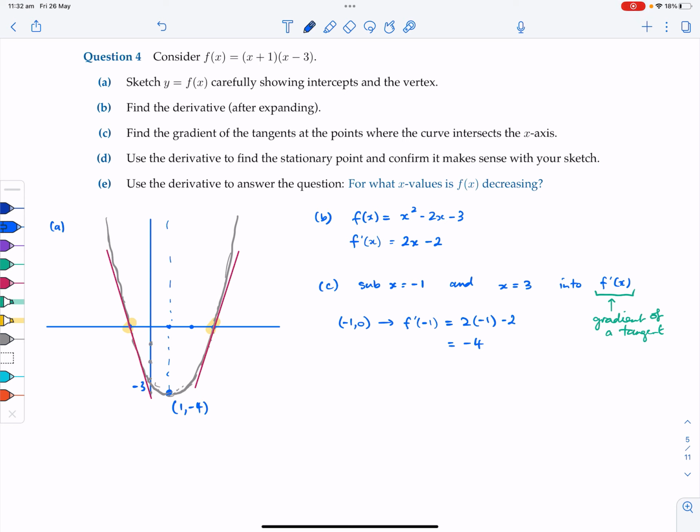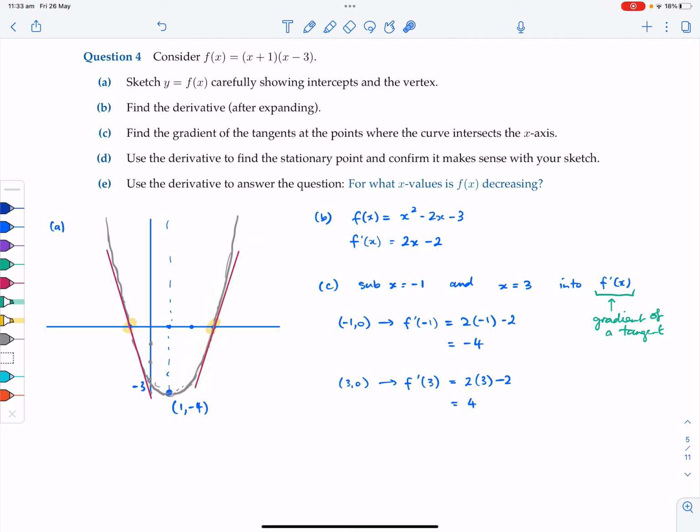And then the other one, which is 3, 0, then I've got f dash 3 is 2 lots of 3 minus 2, which is 4, +4. Right, so this one has a gradient of -4, and I didn't need to count anything on a grid or anything like that, and this one has a gradient of 4. Right, so I worked it out.